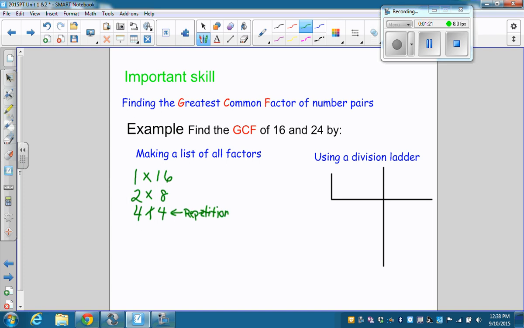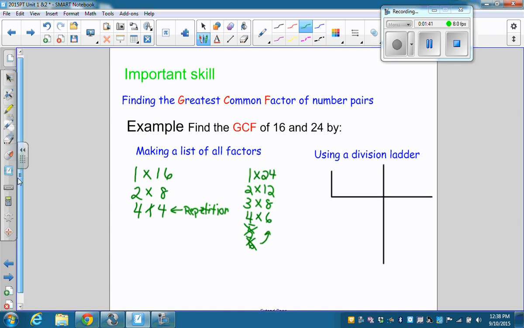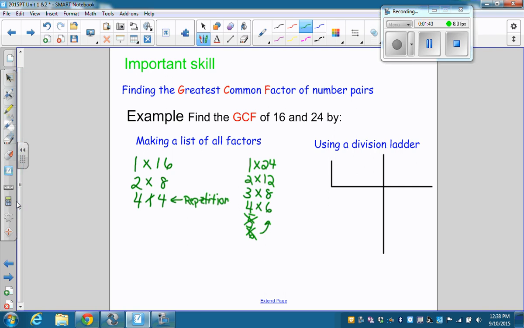Then I'm going to do the same thing with 24. 1 times 24, 2 times 12, 3 times 8, 4 times 6. 5 doesn't go into 12, and the next number I would test would be 6, which would also give me repetition. So I now know that I have all the factors of both 16 and 24.